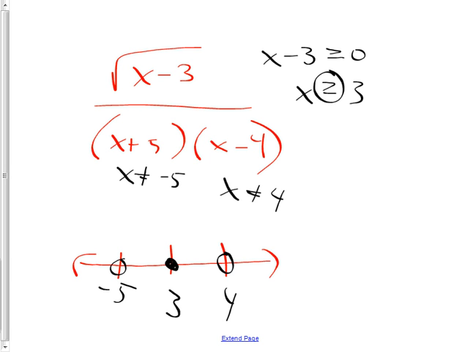Okay, and that's going to happen again on the test. You're all going to probably have the points right. But then only half of you are going to actually test your intervals correctly. What you're testing for now is if I put in like 5, will this thing crash or not? So be careful. Test your intervals well and try to figure out which intervals work and which intervals don't work.